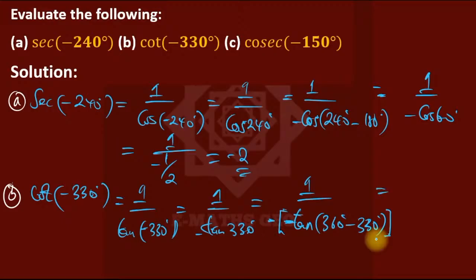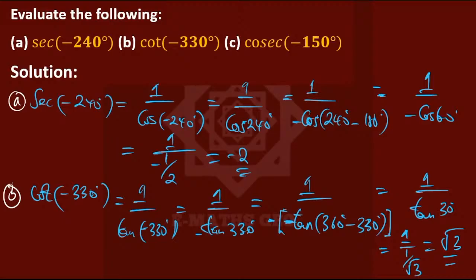So negative times negative is positive. So I have tan of 360 minus 30. And since we've gotten the value, tan 30 is 1 over root 3. So the answer is 1 over root 3, which is root 3 over 3.